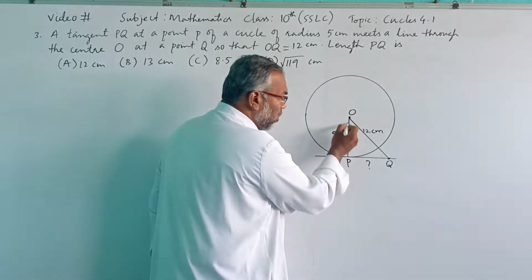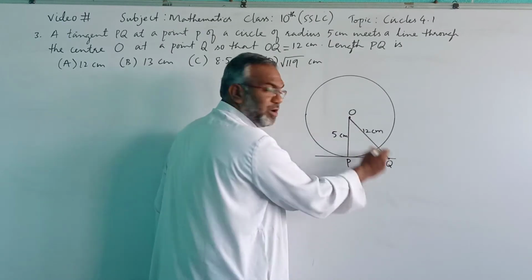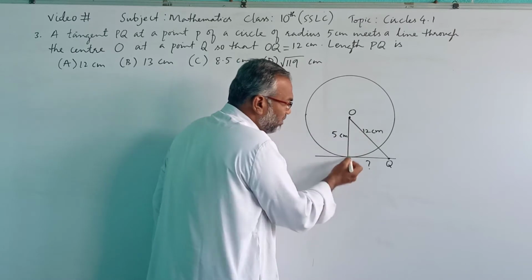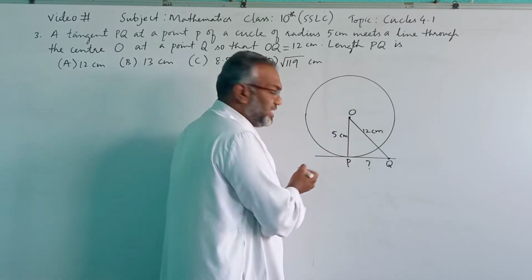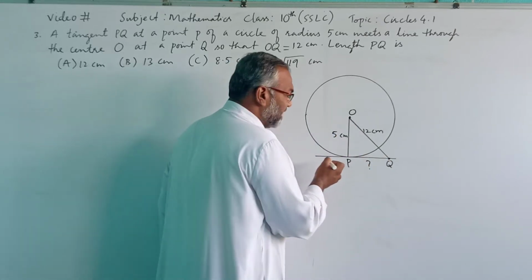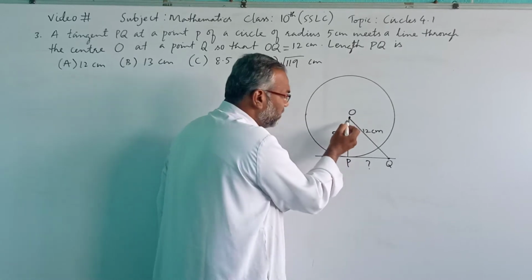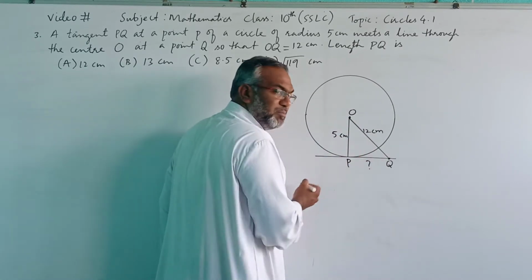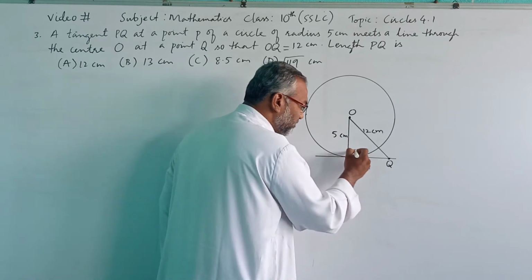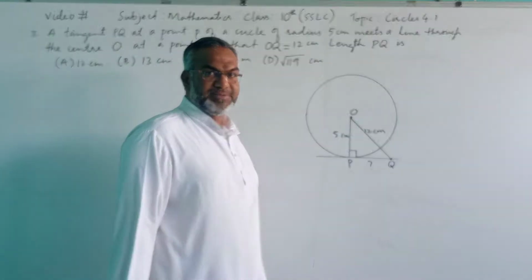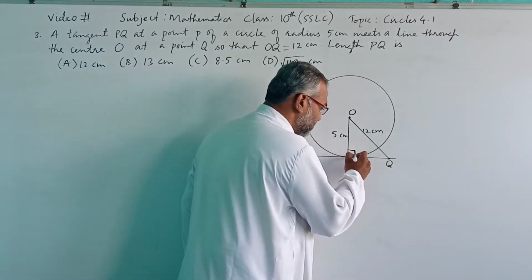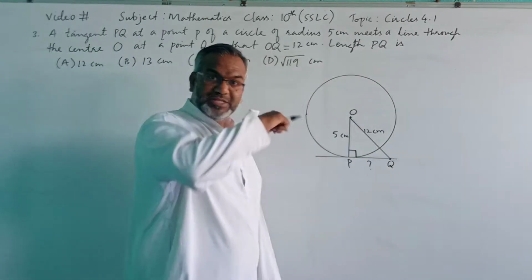So here, according to the theorem, P is the point of contact, OP is the radius, PQ is the tangent. So the angle between radius OP and tangent PQ at point P must definitely be 90 degrees, a right angle, right?